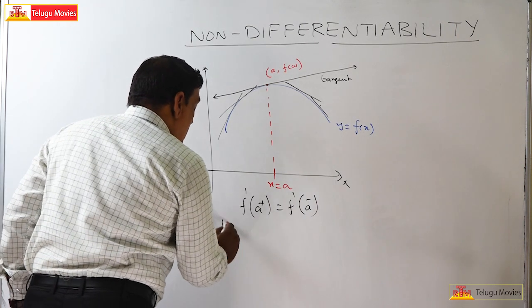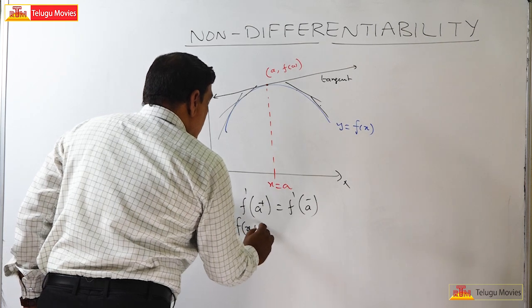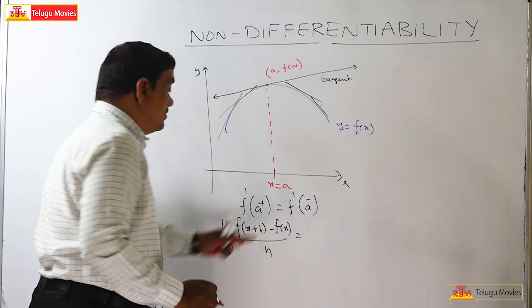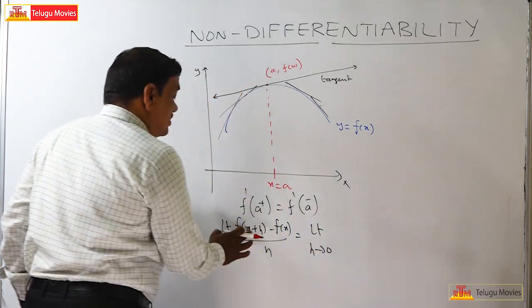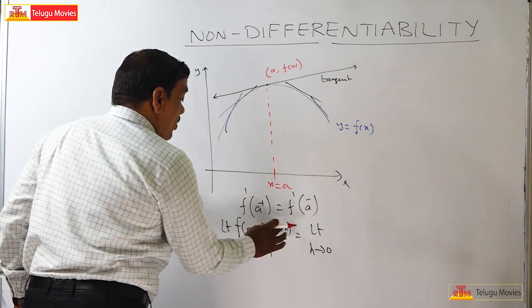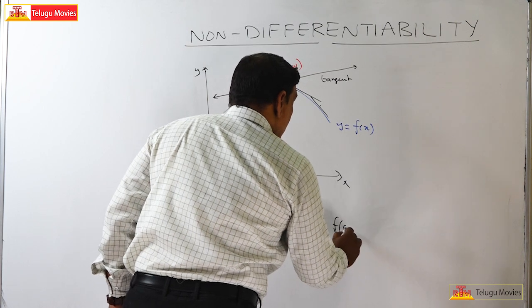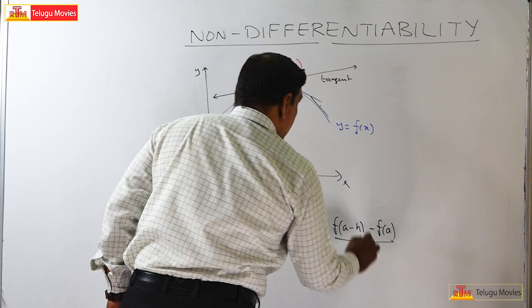So, this is nothing but limit h tends to 0, f of x plus h minus f of x by h, and this should be equal to limit h tends to 0, where x is equal to a, f of a minus h minus f of a by minus h.